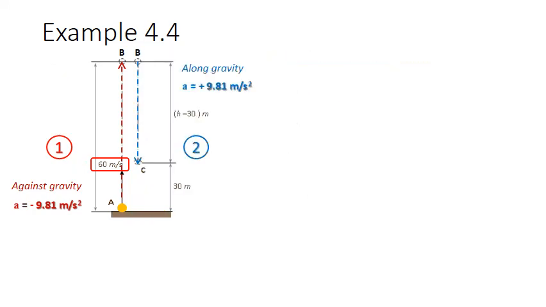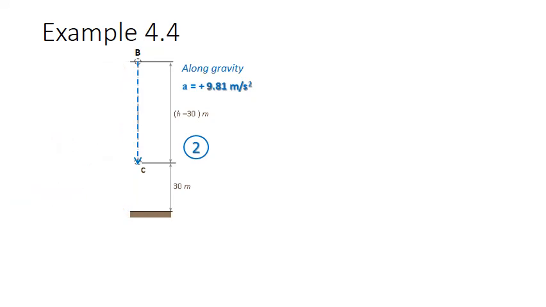For the stage 2 motion, which is the downwards motion, let's focus on the motion itself. We know that for this stage, the initial velocity is 0 meters per second. And the final, do we know the value? We do not know at this juncture. So let's pen it down. Stage 2, B to C, along gravity.